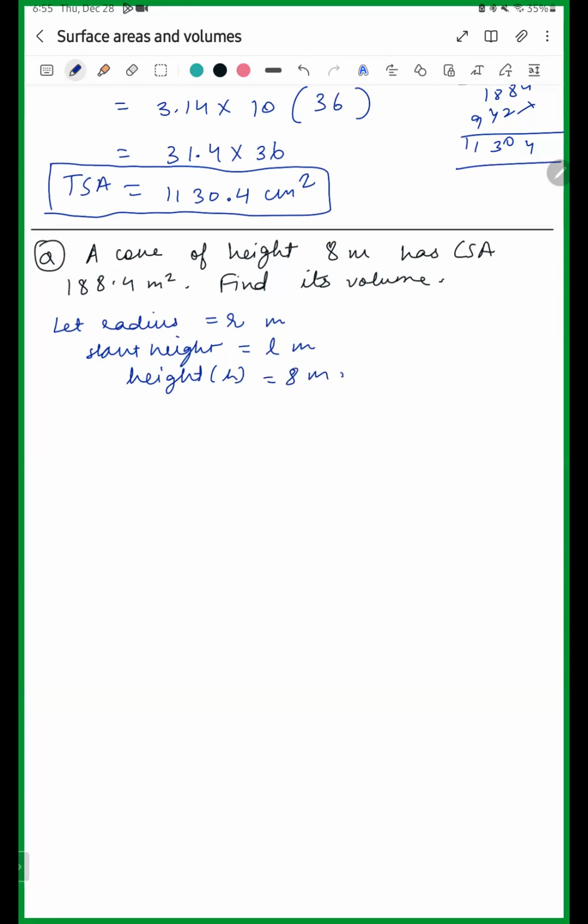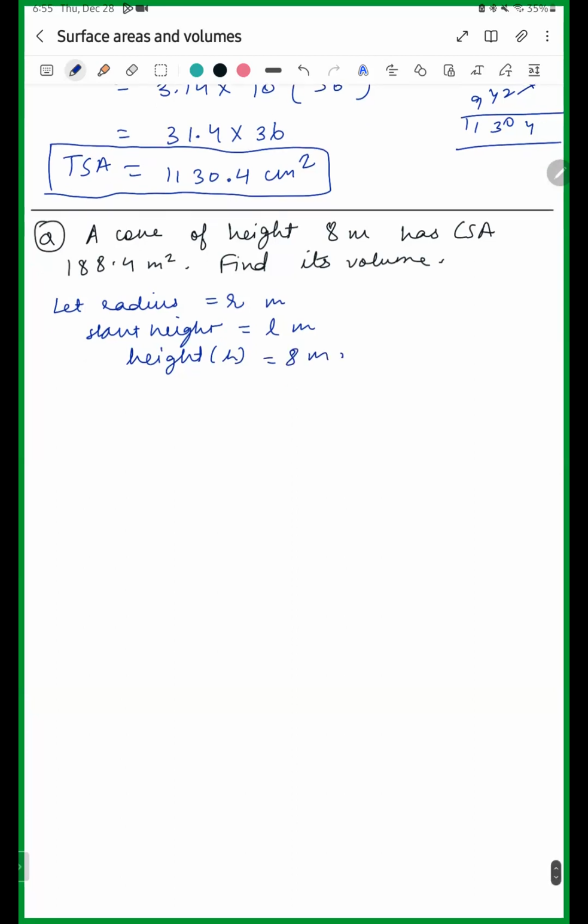Okay, then your curved surface area is going to be what? pi r L, right? And this is given to you as 188.4 meters square. So pi r L equals 188.4 meters square.